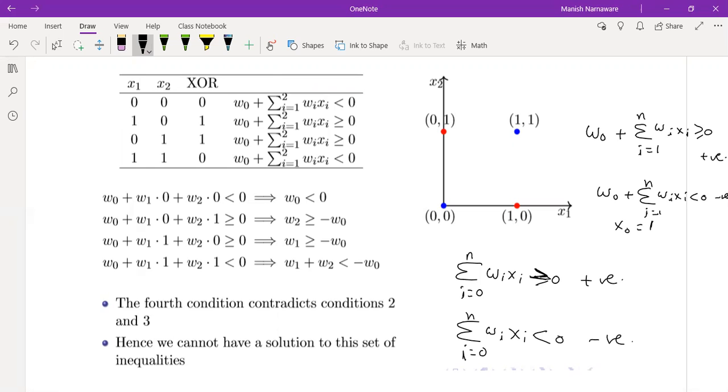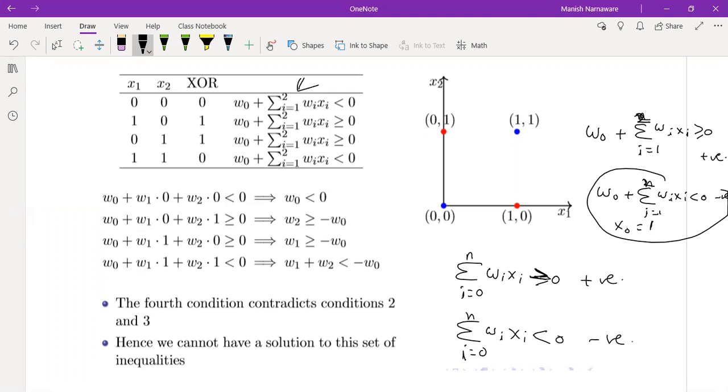Okay, so for the two-dimensional XOR gate, n becomes 2, and this equation is actually used here.